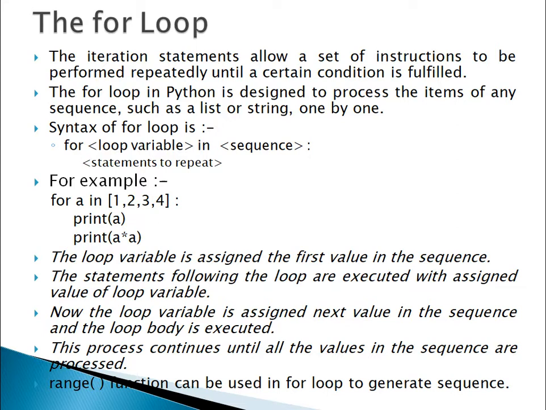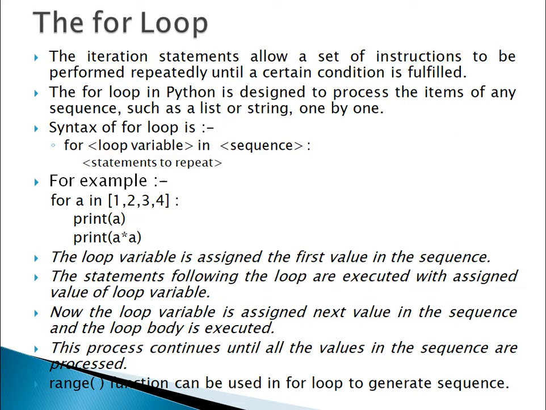So there are 4 things in a loop. First thing is the lower limit from where you will start yourself. Second thing is the upper limit, the highest value that you will reach. The third thing is the body, means the steps that you will execute. And the fourth thing is the updation of value, either you will go up or you will come down.